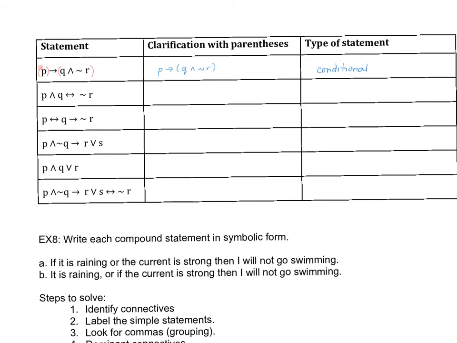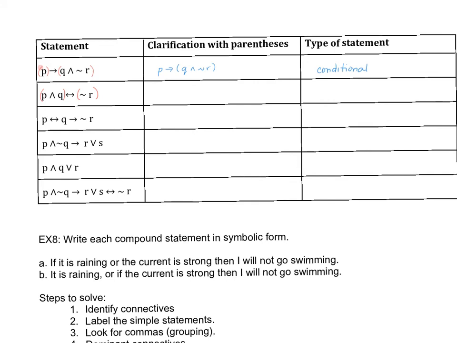Let's look at the next row. We have P and Q if and only if not R. So I have two connectives. I need to add my parentheses, my grouping symbol. I'm going to use dominance of connectives. And I see that I have the double arrow, the biconditional, which is dominant. And it's going to break this statement up into two pieces on either side of the dominant connective.